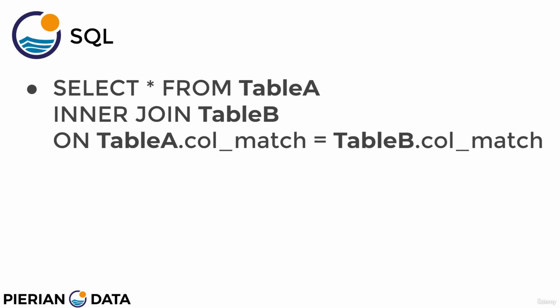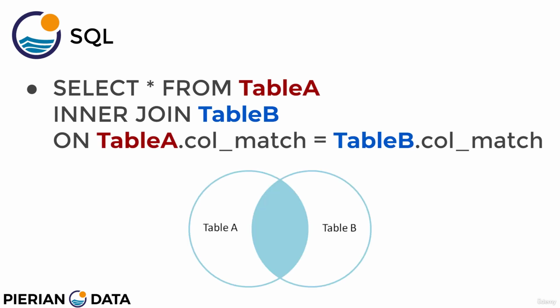So what does that actually look like in practice? If we color code this and think of the tables as Venn diagrams, and if you look up SQL joins on Google image search, you'll see a ton of Venn diagrams. A lot of people like to think of it this way. We're selecting from table A, inner joined on table B, where table A column match is equal to table B dot column match.